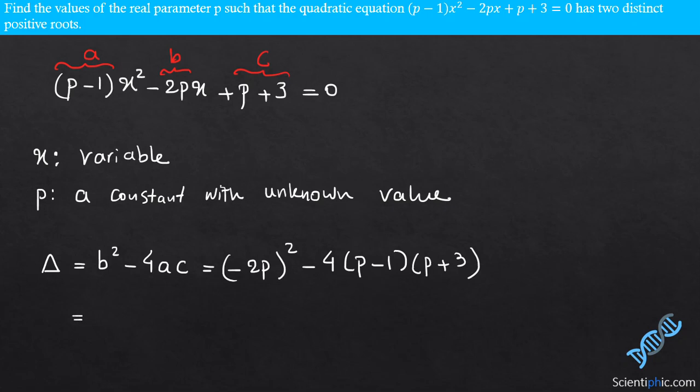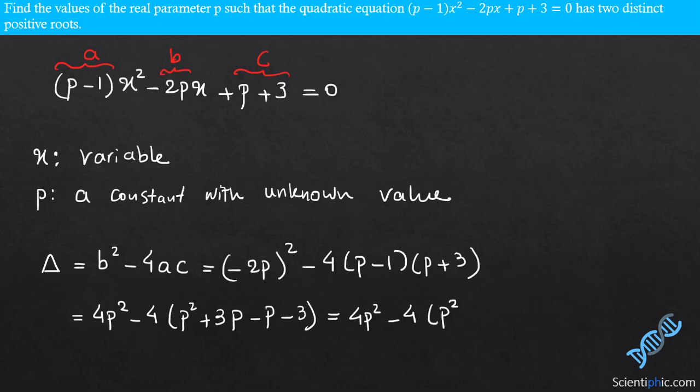It will be equal to 4p squared minus 4 times (p squared plus 3p minus p minus 3), that is 4p squared minus 4 times (p squared plus 2p minus 3), and if we simplify that, it would be 4p squared minus 4p squared minus 8p plus 12.